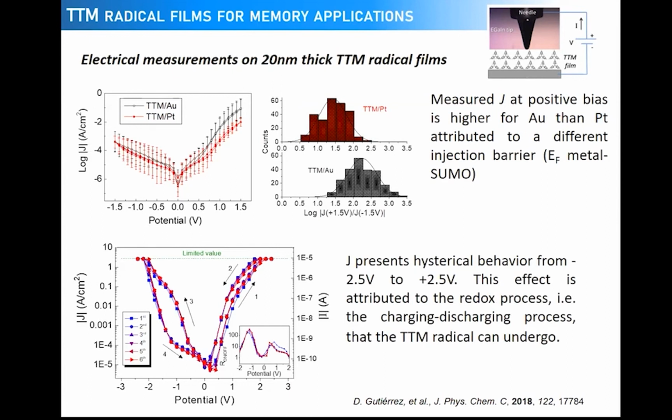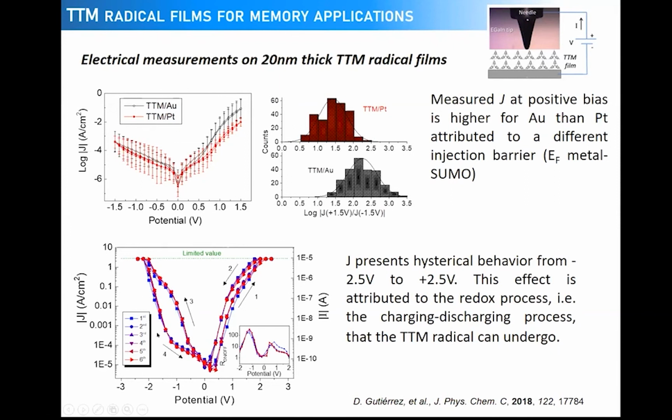But what we were looking for is this memory effect. And this we didn't observe in this voltage range, so we increased the voltage range that we apply. This is a typical curve that we obtain. In the negative part, we observe this hysteretic behavior, which was attributed to the charging and discharging process of the TTM radical.